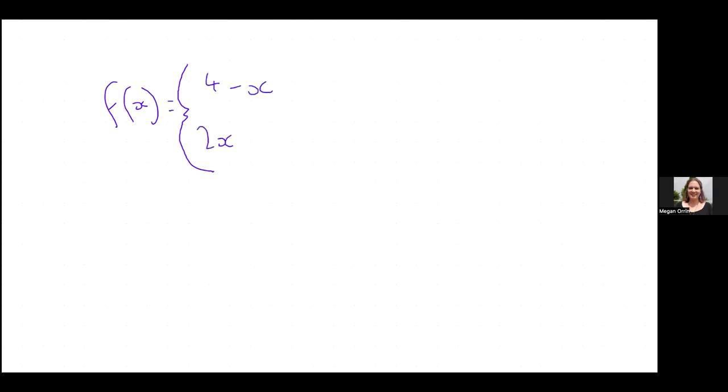I'm going to be given domain restrictions for both of them. And then this one is going to be between 1 and 3. What I need to do is work out what it looks like here. And then when I get to 1, I swap to here. What does it look like here?